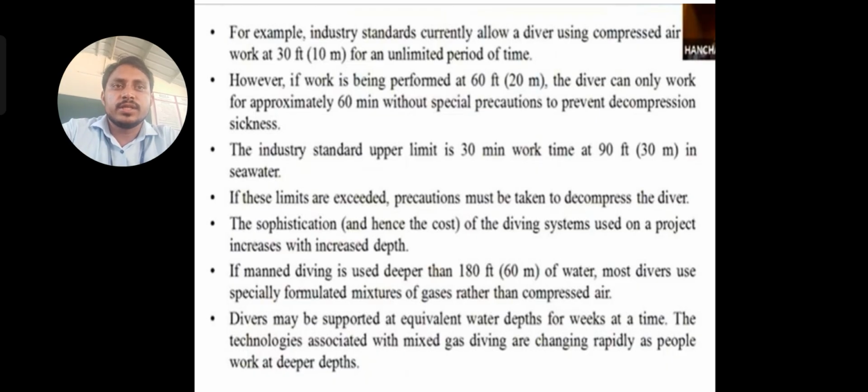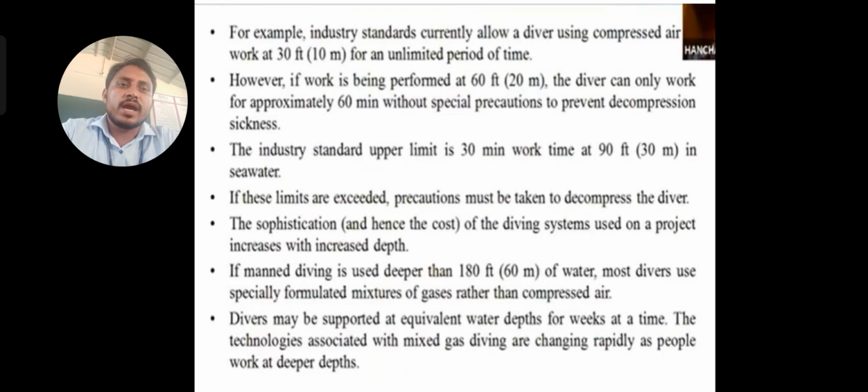But at 30 feet or 10 meters depth, there is an unlimited period of time for working. At 90 feet or 30 meters depth, 30 minutes of work time is available for repairing underwater concrete structures.